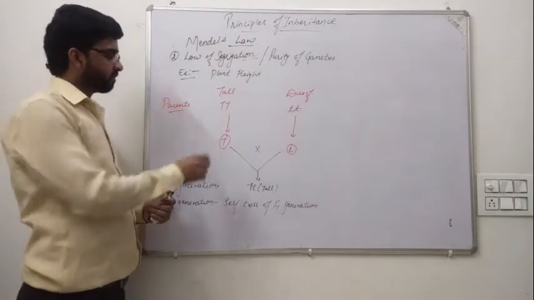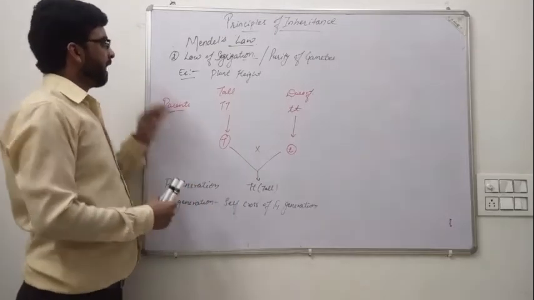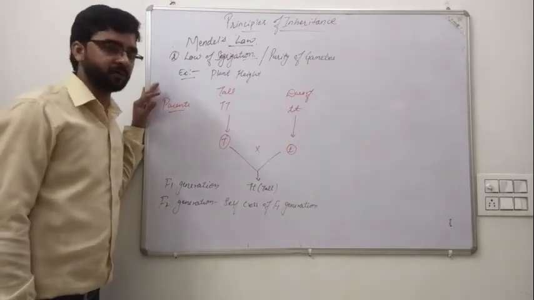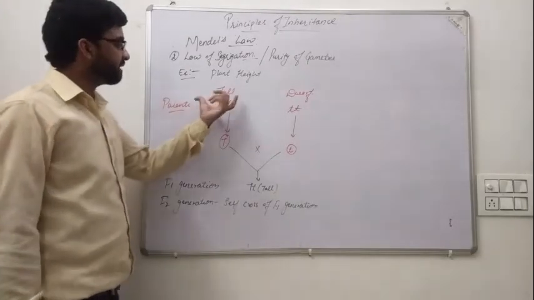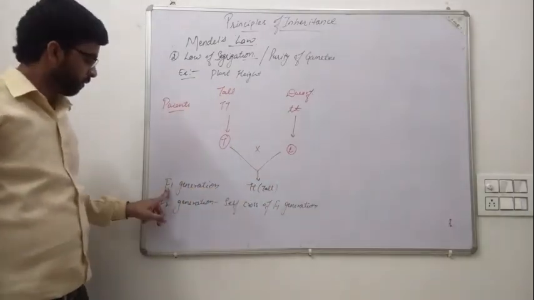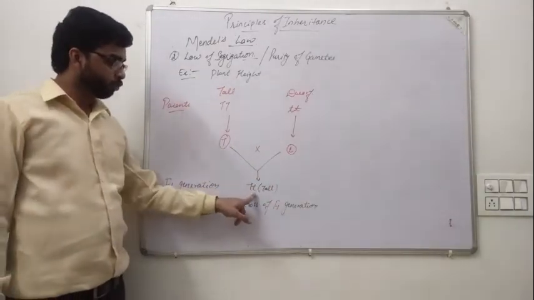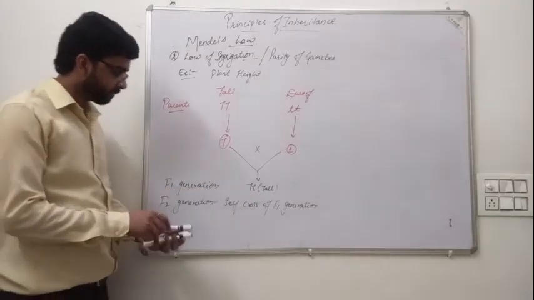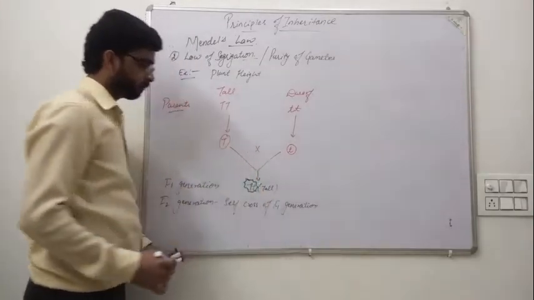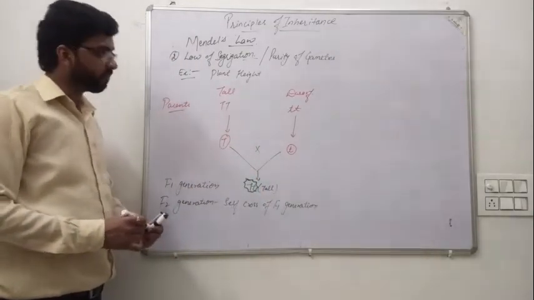Before that, we take it as the law of segregation. What is the meaning of the law of segregation? Segregate means separate out from each other. In this cross, in the heterozygous condition in the F1 generation, the two alleles remain together, but they separate out at the time of gamete formation.